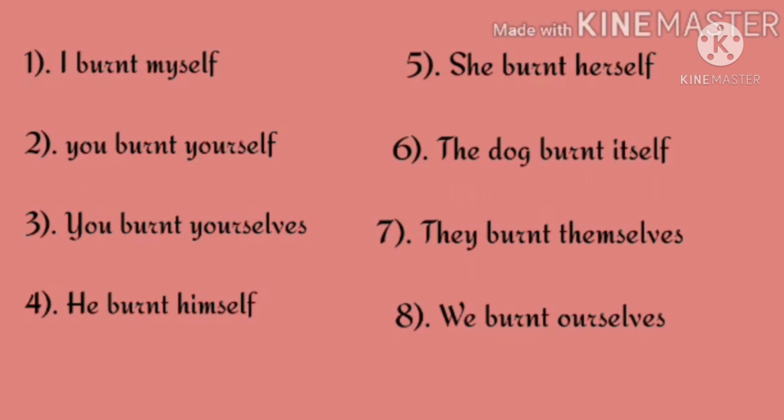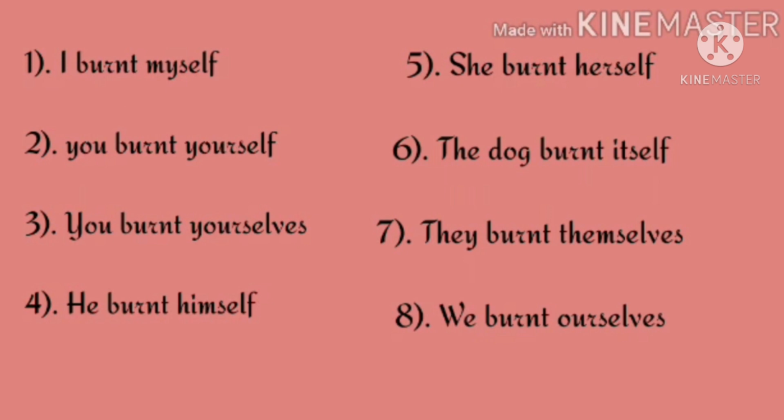Similarly, she burnt herself. The dog burnt itself. They burnt themselves. We burnt ourselves. Here also herself, itself, themselves and ourselves are referring back to the pronouns she, the dog, they, we respectively, and so herself, itself, themselves, ourselves are reflexive pronouns.